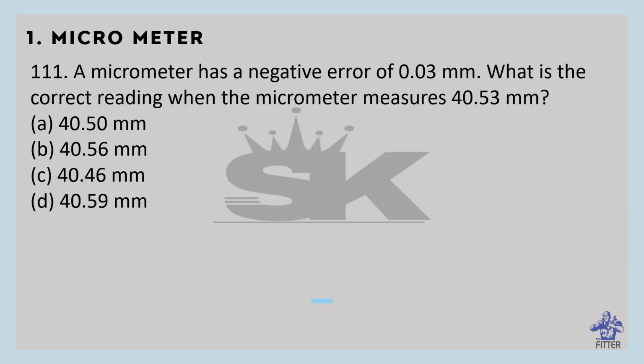A micrometer has negative error. What is the correct reading when the micrometer measures 40.53 mm? So here true reading or correct reading equals micrometer reading, negative means here plus, plus negative error.